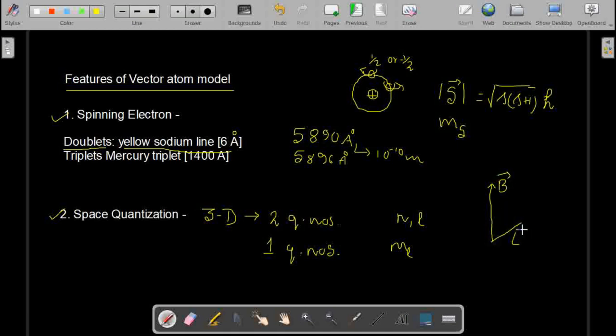Let's say this is your angular momentum quantum number, this is your spin quantum number, and then this would be the resultant J, and the resultant J will be spinning around the magnetic field. Now this motion around the external magnetic field will also be fixed. That means it will also be quantized. It's not that it's going to rotate in any direction. So that's why we use the term quantization. So this is the idea of space quantization. Probably this might be a 2 marks question.